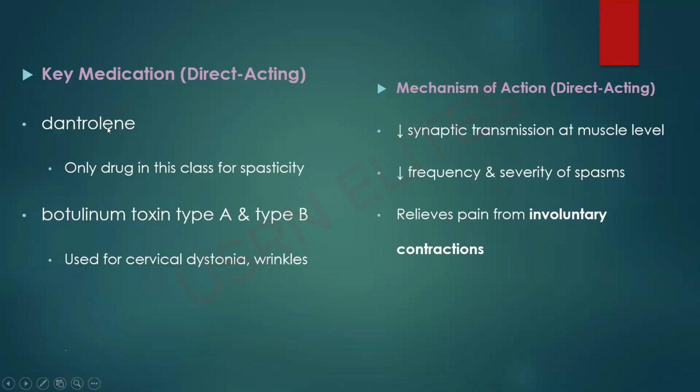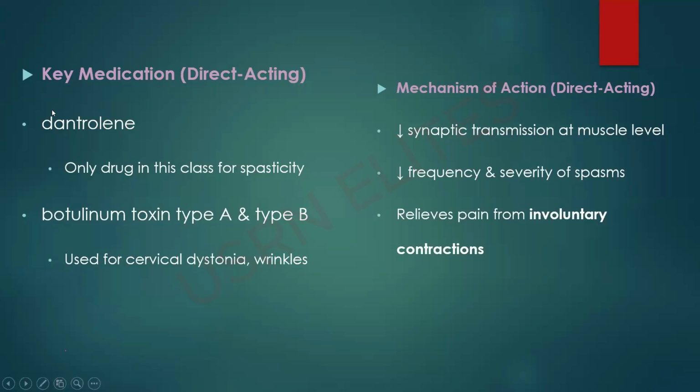That is why when you see conditions like malignant hyperthermia, what's the other name? NMS, neuroleptic malignant syndrome, in all of them there is severe muscle spasm. That is why it's being used to treat those conditions.